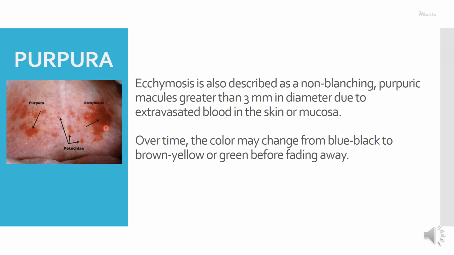Ecchymosis, on the other hand, are larger non-blanching purpuric macules greater than 3 mm in dimension, because of the extravasation of blood into the mucosa. Over time, ecchymosis will change its color from red to blue-black to brown or green before fading away. So these are transitionary lesions, and knowledge of them will help us avoid unnecessary treatment. Taking a proper history of the patient will also be an important aspect for such lesions.